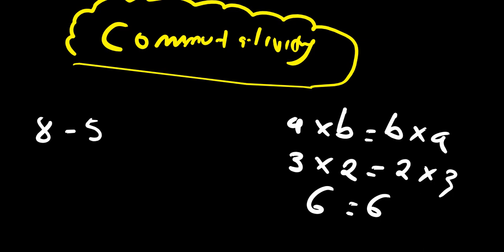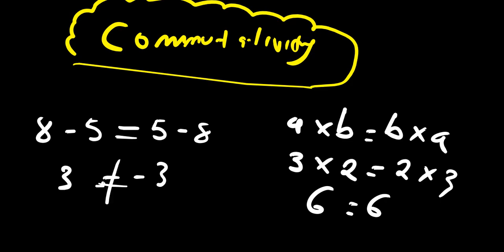Is it the same as 5 minus 8? 8 minus 5, that is 3. And when we say 5 minus 8, that is a negative number. So you see that these ones are not equal. Therefore, the minus sign is not commutative.